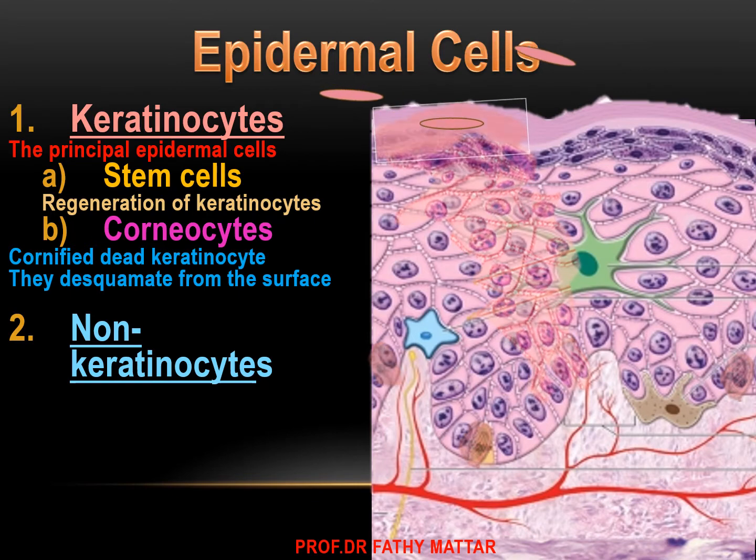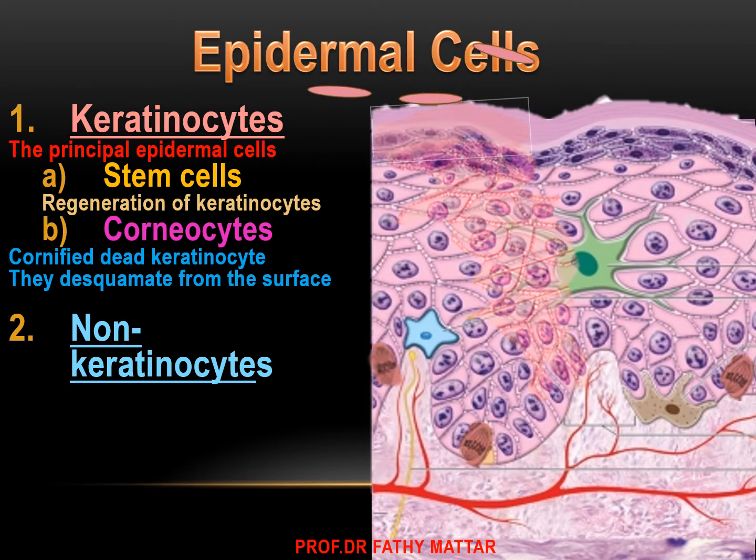And so the keratinocytes are continuously formed from the lower cells, the stem cells, and continuously lost from the top layer or the surface layer.